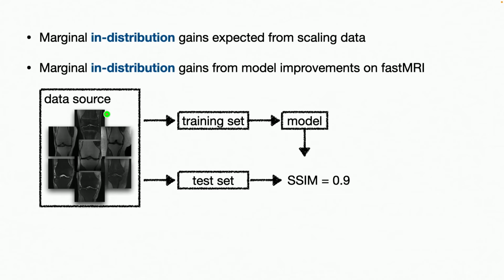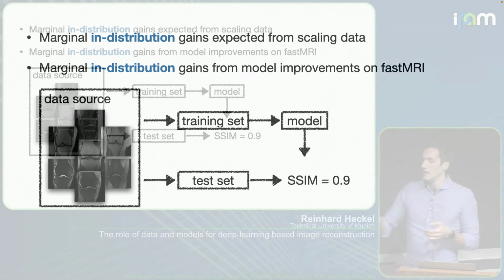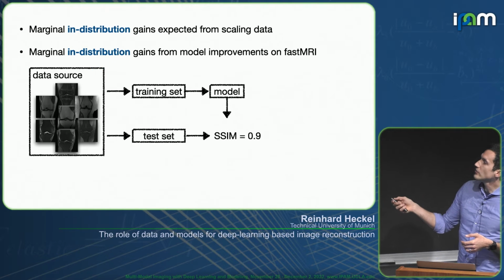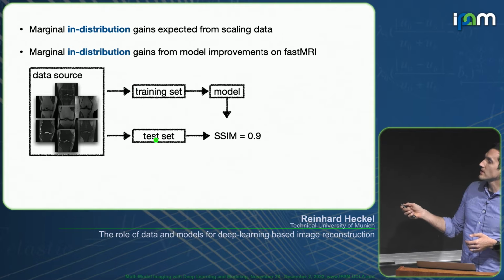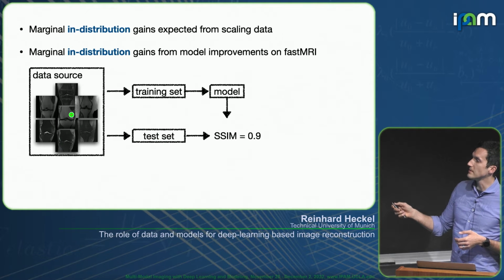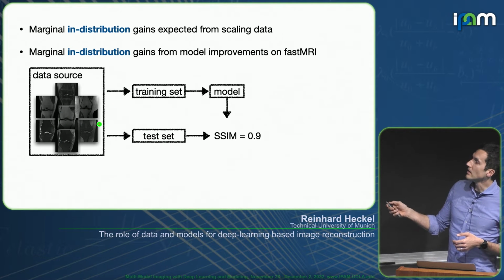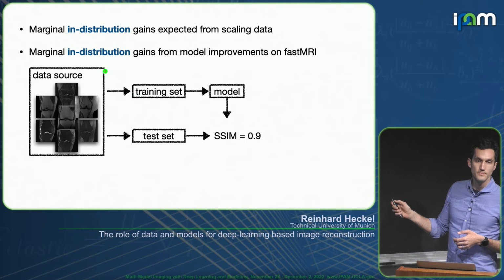Then they split this data into a training set and a test set. Of course, the training set and the test set are disjoint, but they really come from the same, what we call, distribution. So if we train on the training set and then measure performance on this test set, and they come from the same data source, that is in-distribution performance.